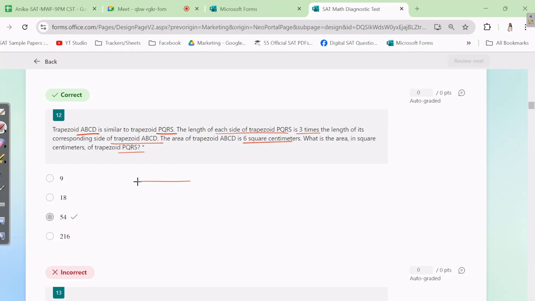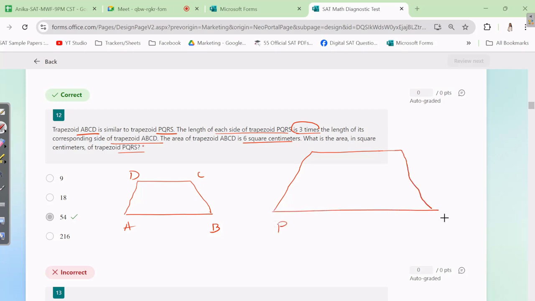So here we have trapezoid ABCD, and another trapezoid PQRS, and each side of PQRS is 3 times the sides of ABCD. So if the length of AB is x, then PQ would be 3x.